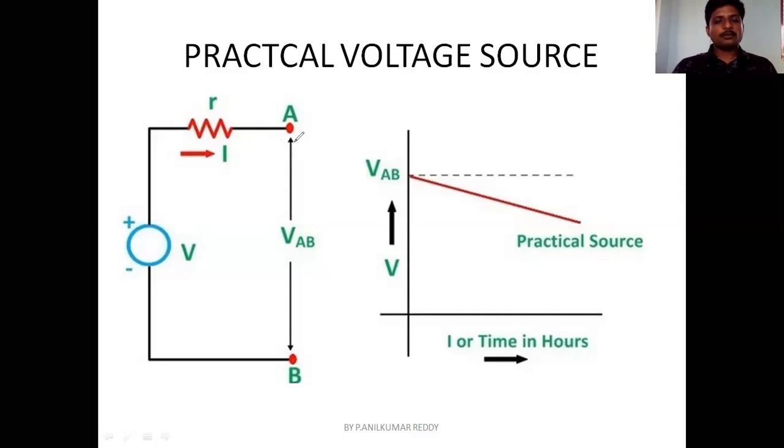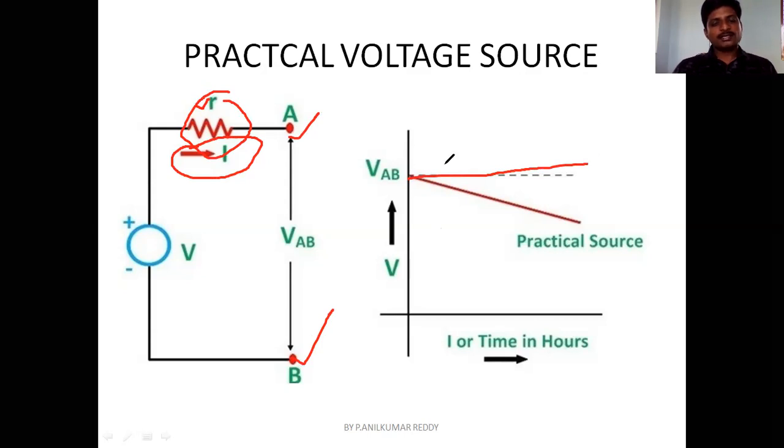When you connect a load across the terminals A and B, as you can see on the diagram, the current flows through the internal resistance, and some of the voltage will be dropped there. The remaining voltage appears across terminals A and B. Therefore, it cannot supply a constant amount of voltage irrespective of load.